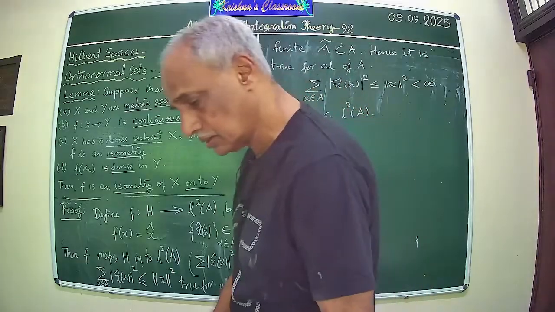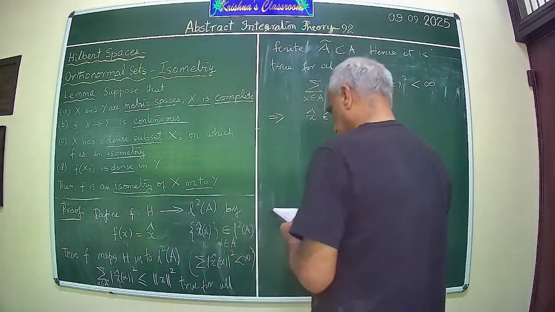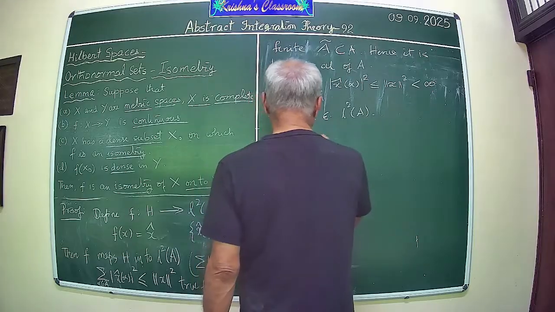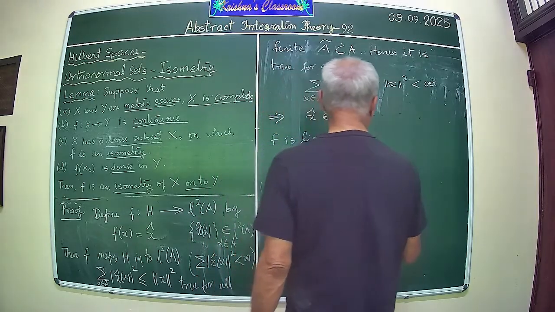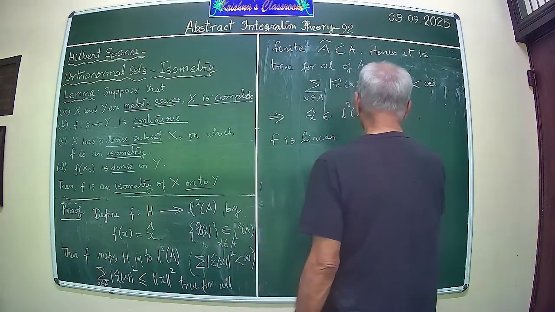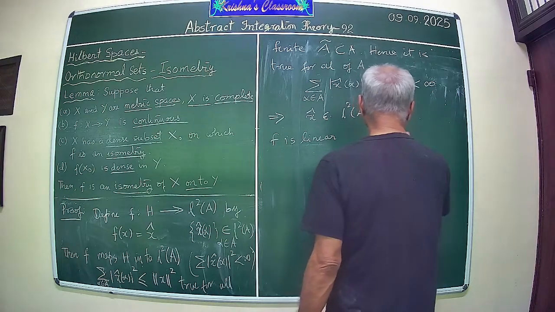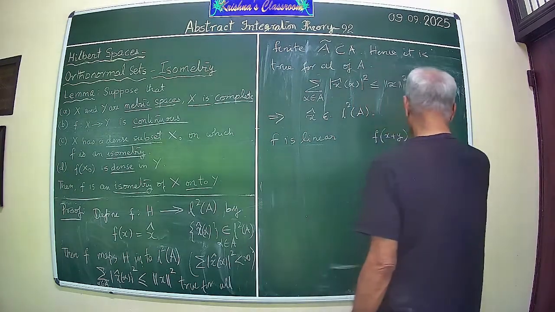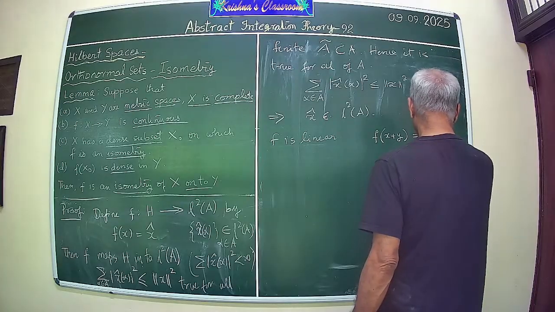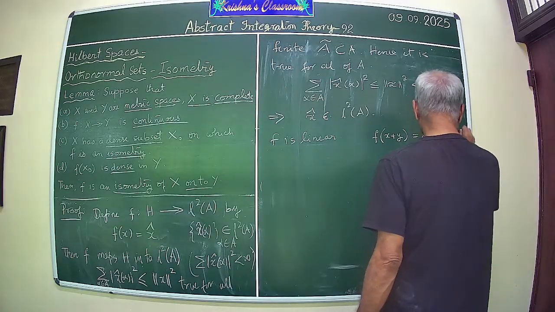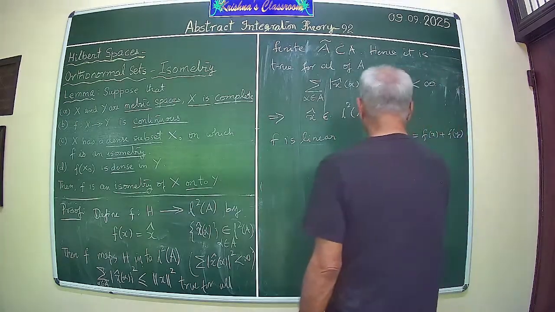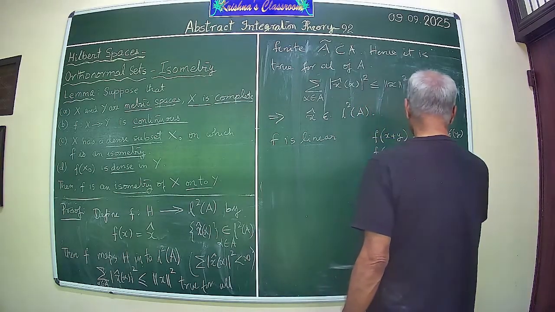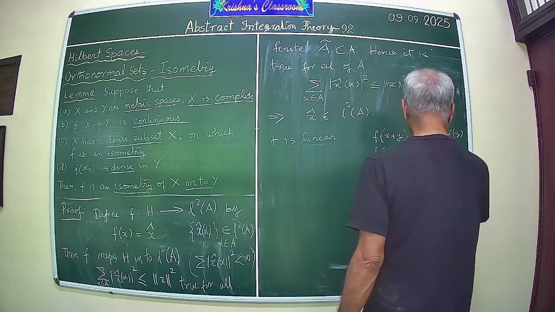Now it's easily seen that F is linear. All that we have to prove is this: F of Cx.